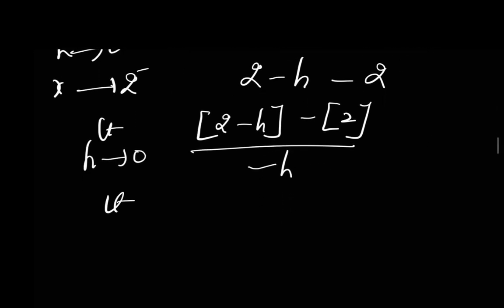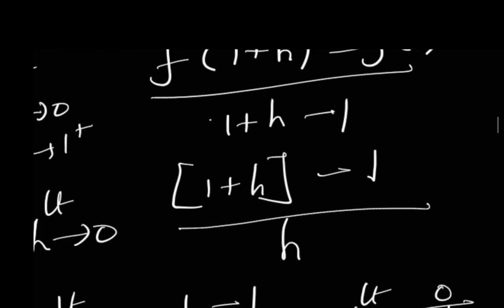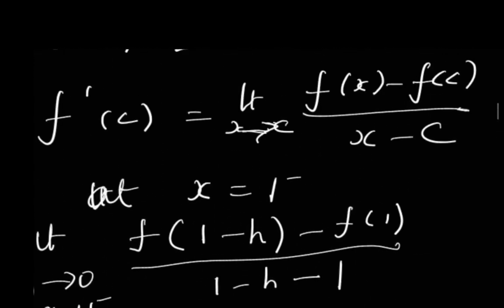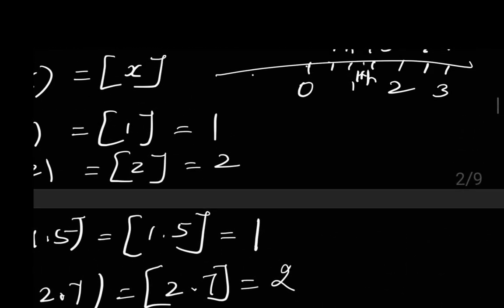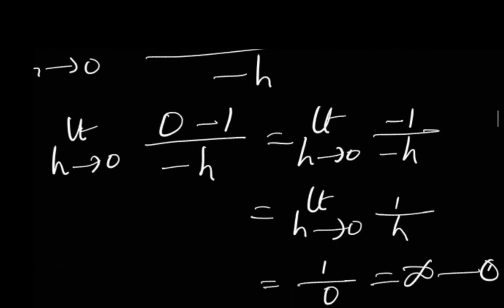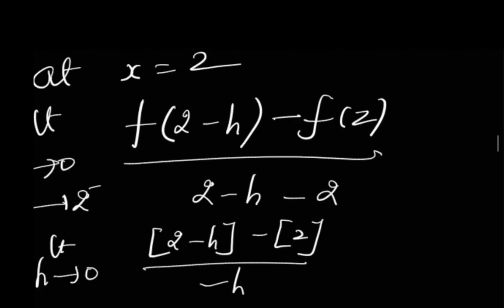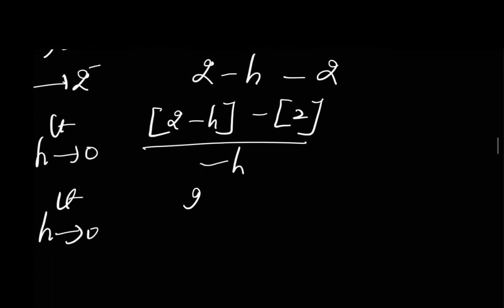So limit h tends to 0. 2 minus h lies between 2 and 3. Here you will get 2 and 3. I already explained to you that for 2.7 it is 2. So here you will get 2 minus h. So it is 2. So substitute 2 minus h as 2. And this is 2. Just 2.